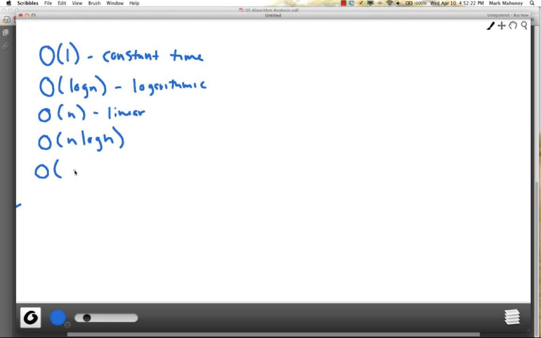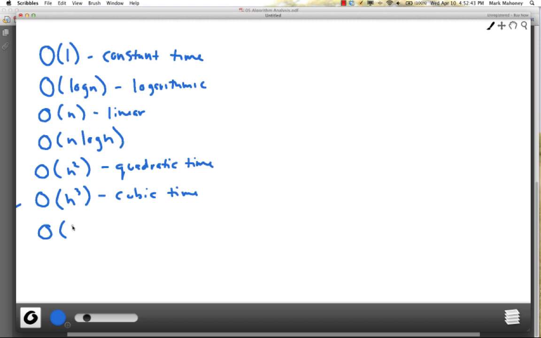Okay, the next we have n squared, or quadratic time. We might have a cubic, n to the third, would be cubic time. And by far the worst would be an exponential algorithm.